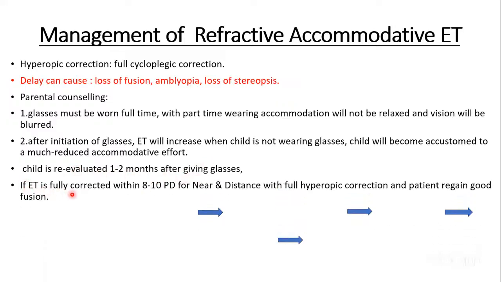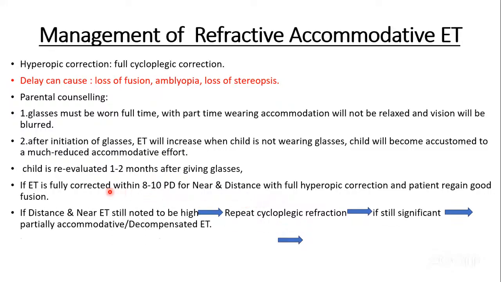If ET is fully corrected to within 8 to 10 prism diopter for near and distance, the patient has fully refractive esotropia. If distance and near esotropia are still high, the first thing to do is repeat the cycloplegic refraction to make sure the patient is taking the full hyperopic correction.